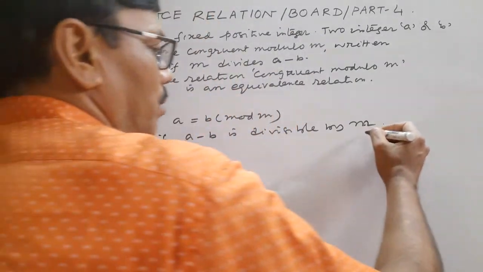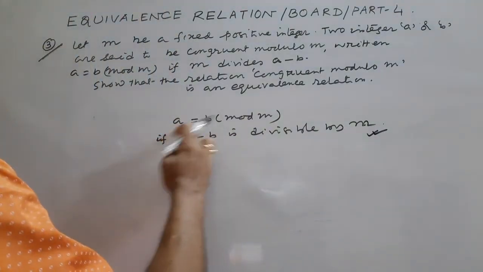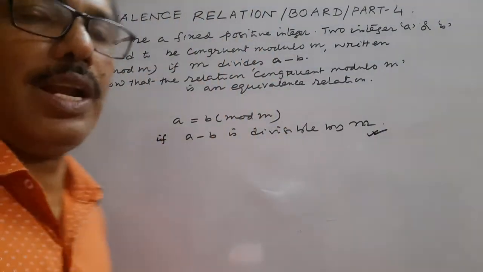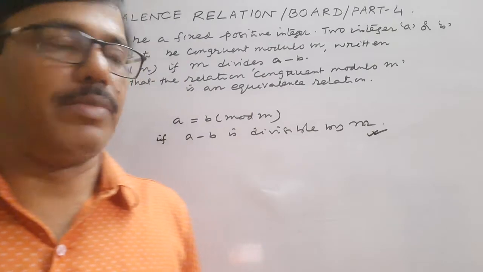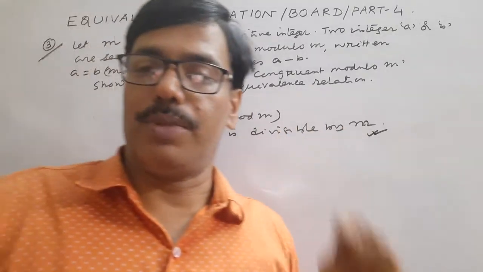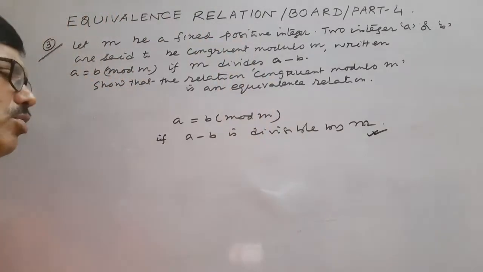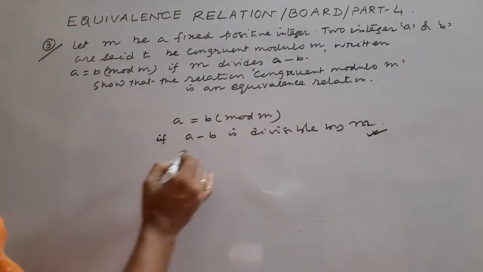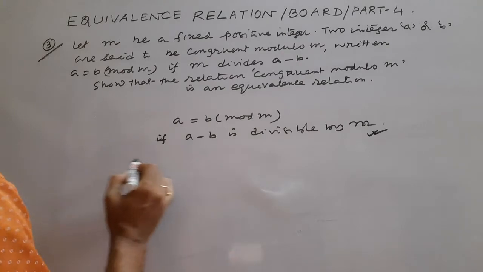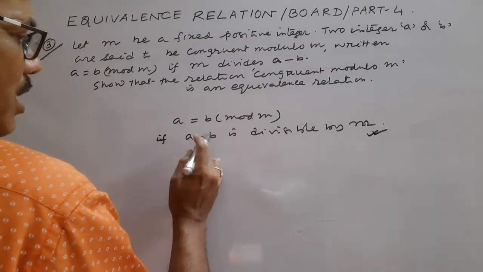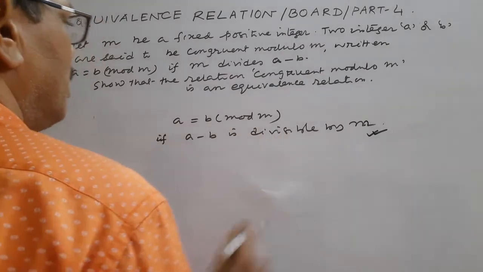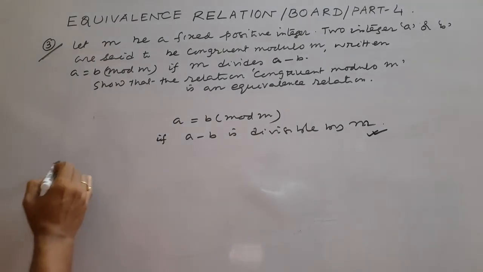So it is the same problem, only you need the definition: a is congruent to b modulo m means a minus b is divisible by m. So it is already solved. So try to recall. What is R? a minus b is divisible by m.